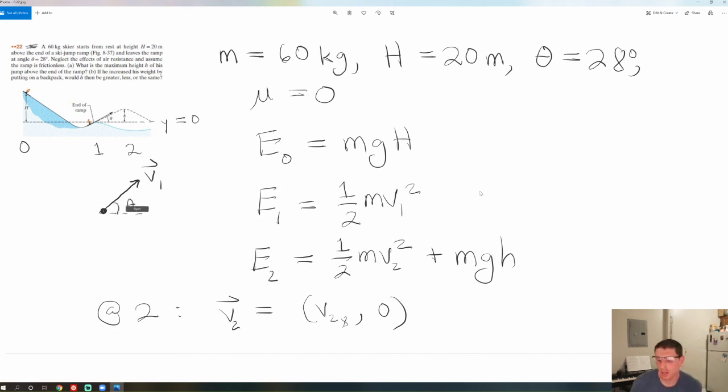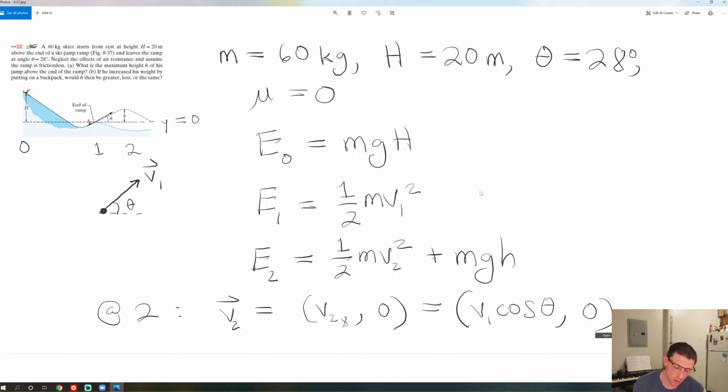And we can think about kinematics now and realize that the x component of this velocity vector stays the same, right? And what that means is that this simply equals v1 cosine theta, and then this is still 0, right?